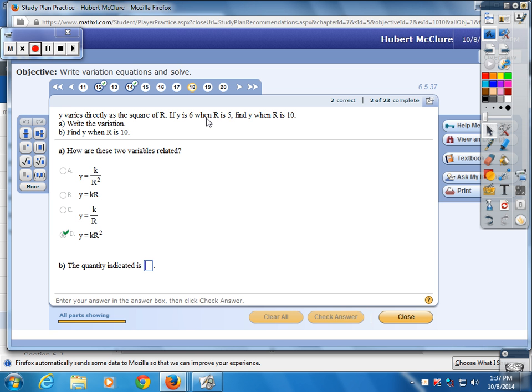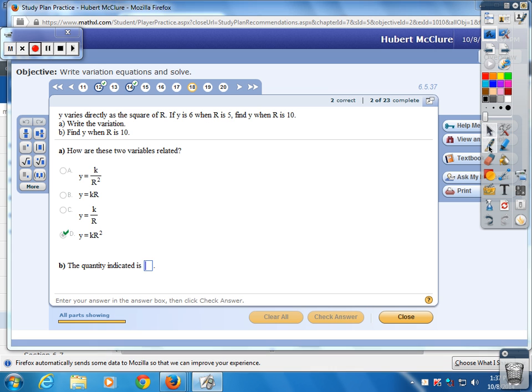Or type 3. So Y is equal to K times R squared. And then they give you find Y if Y is 6 and R is 5.